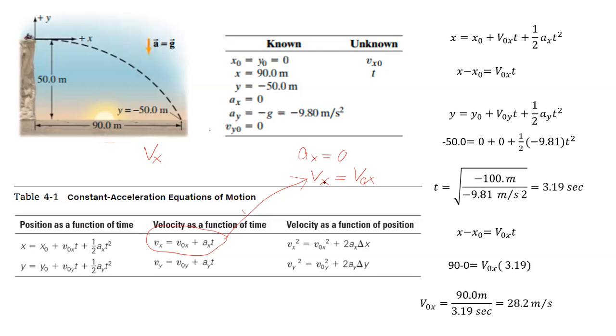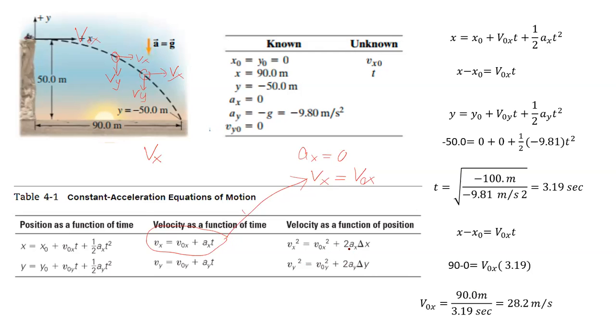That tells me that at any point the x direction velocity does not change. Since this is not accelerating, that makes sense, right? If something is not accelerating, the change in velocity is 0, which means it's going with constant velocity. That's the only information I can get here.